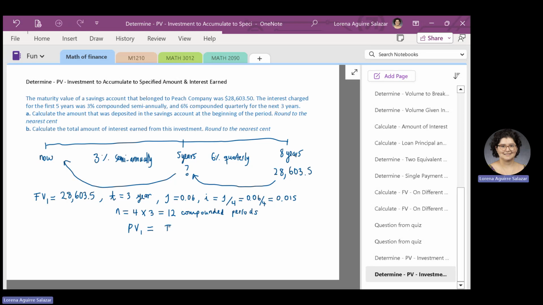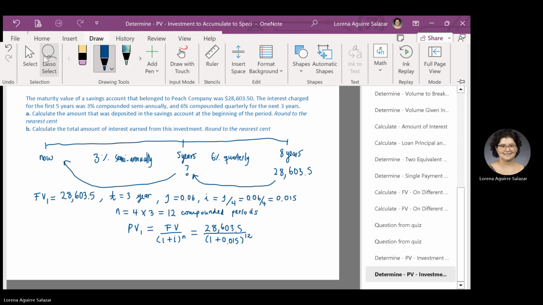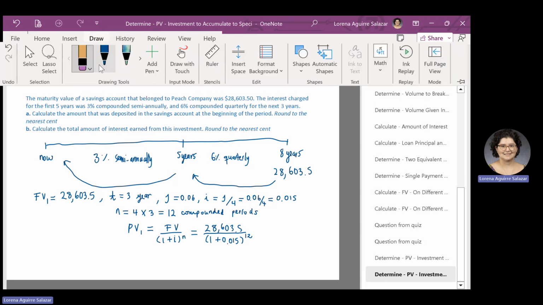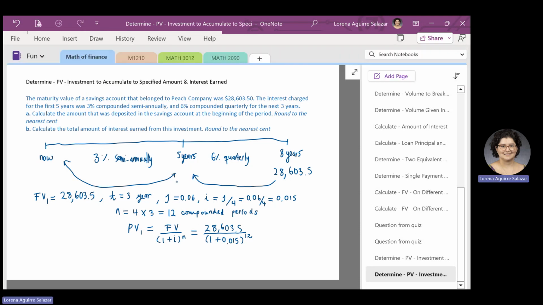In this case, we have 28,603.5 divided by 1 plus 0.015, all that to the 12. Whatever that value is, it is the amount of money in the savings account after 5 years of the investment. So here we have present value 1.